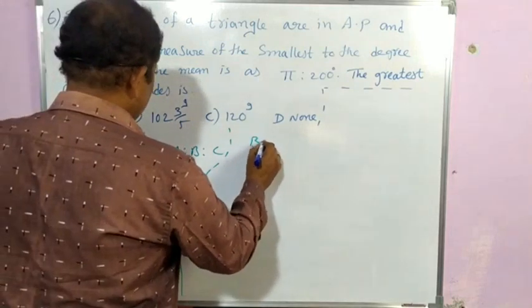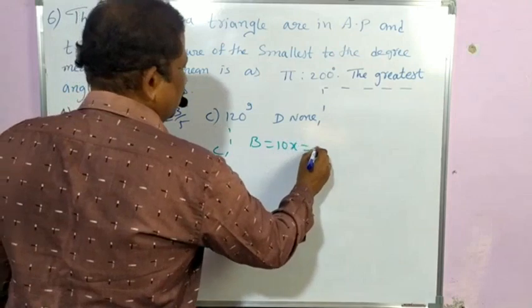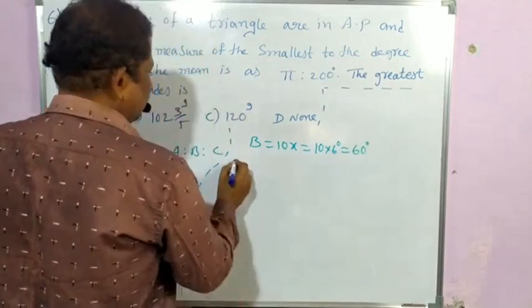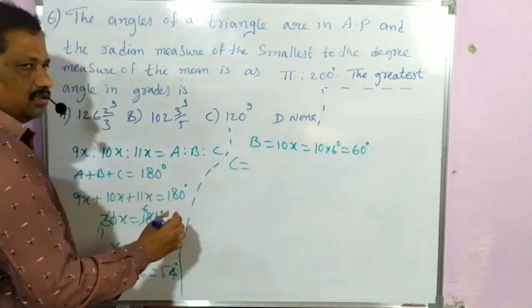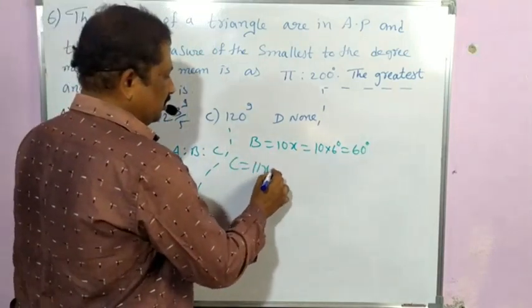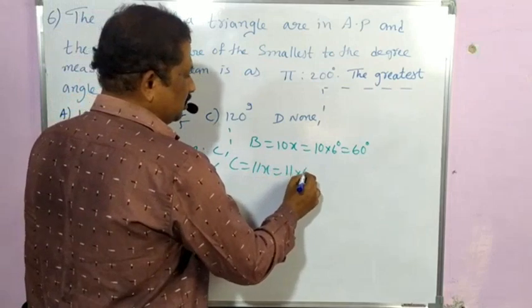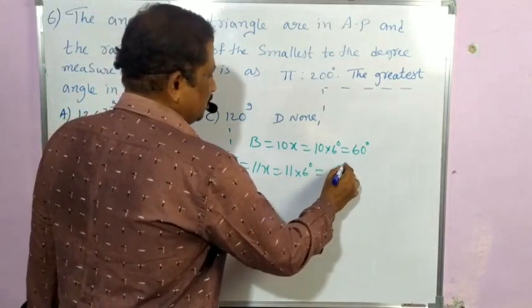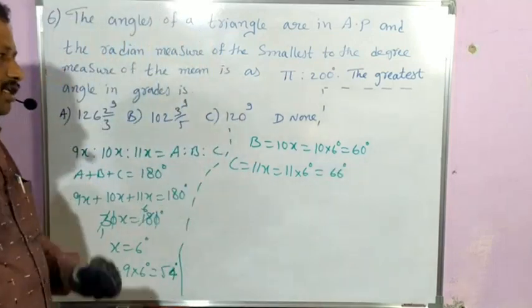B value is equal to 10x, 10 into 6 degrees, 60 degrees. C value is equal to 11x, 11 into 6 degrees, so this will become 66 degrees. So the greatest angle is C.